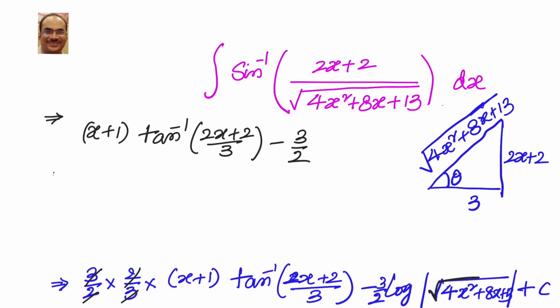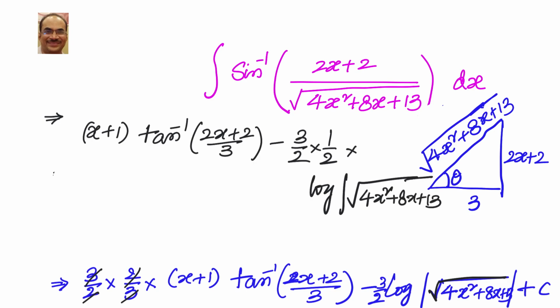This root we can bring out, so it will become 3 by 2 into 1 by 2. After that we will multiply that with log of square root of 4x square plus 8x plus 13, plus c.